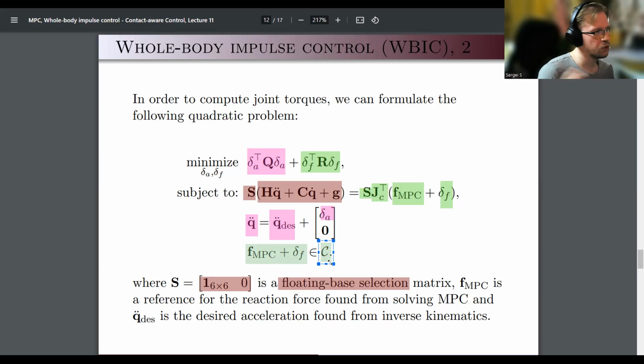We allow adjustment of accelerations, all accelerations, not just floating base accelerations. We allow for adjustment of reaction forces as compared to MPC, and accelerations we adjust as compared to inverse kinematics. And we solve it online. Okay, let's see the discussion of this equation.